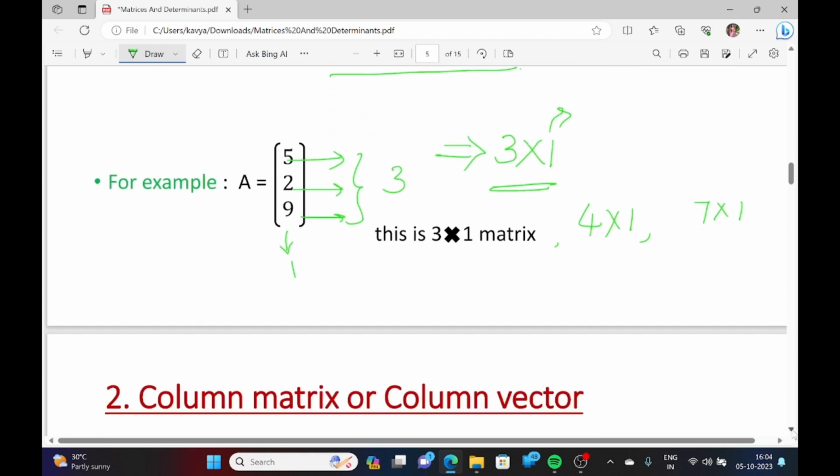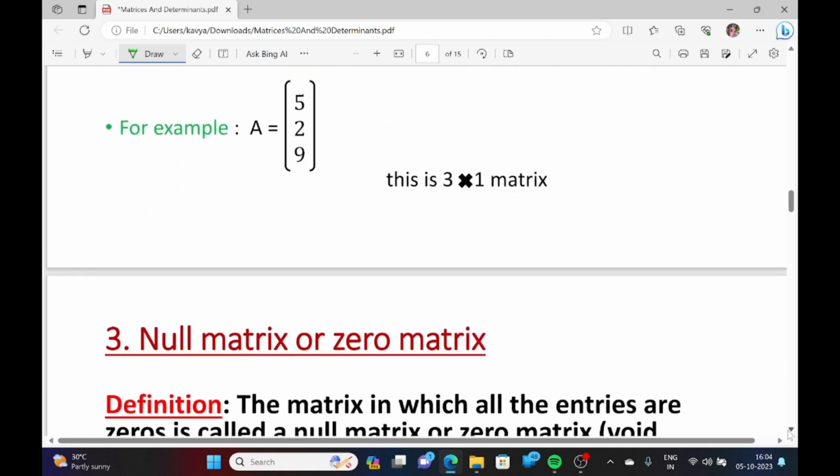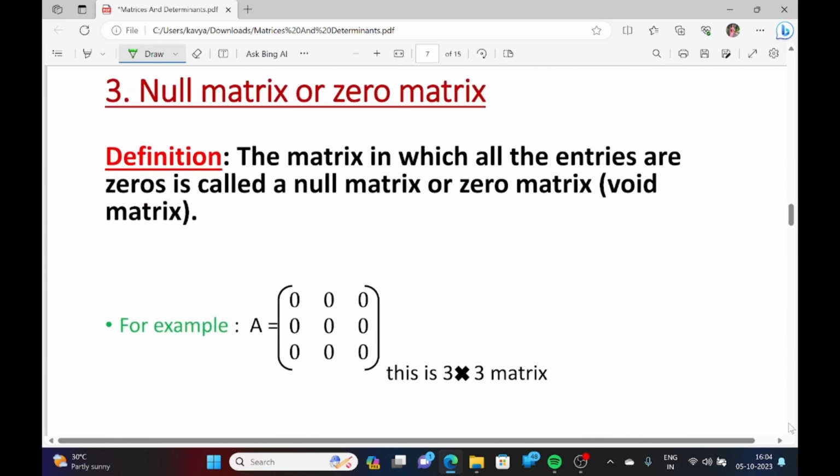Okay, column matrix we have already discussed. Next, null matrix, or zero matrix. Null means empty, nothing is there. The matrix in which all the entries are zero is called a null matrix, zero matrix or void matrix.